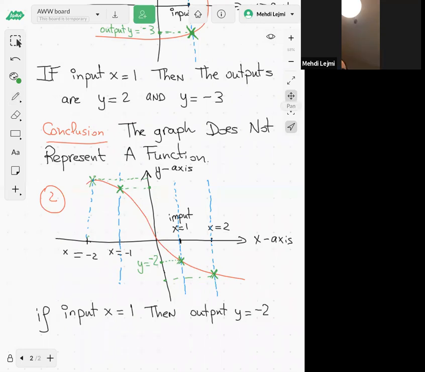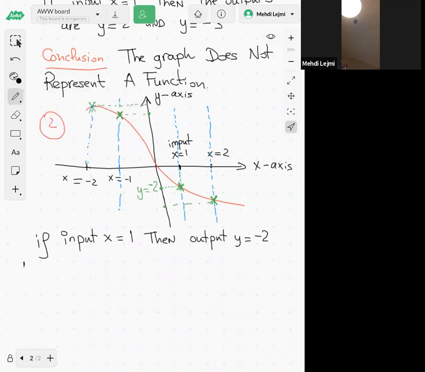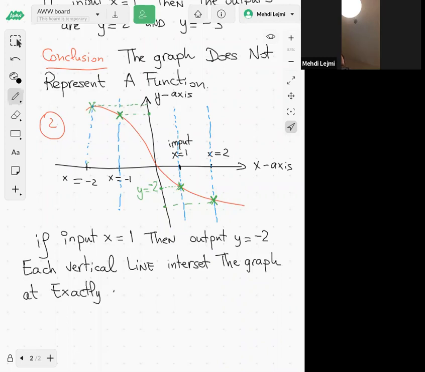As you can see, each vertical line intersects the graph at exactly 1 point, and that point would be my output y.